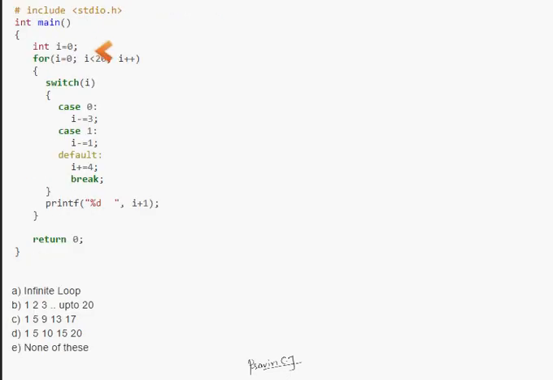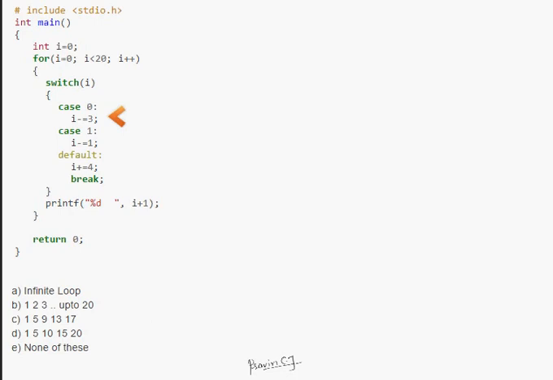Integer i starts with 0. For i equal to 0, there is a for loop with a switch statement inside it. i starts with 0, i is less than 20, i plus plus. Switch of i will accept value 0, so a case will be there: i minus equal to 3, which means it will decrement i's value by 3.